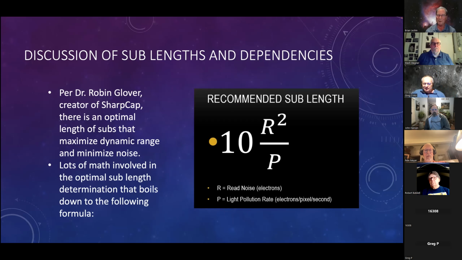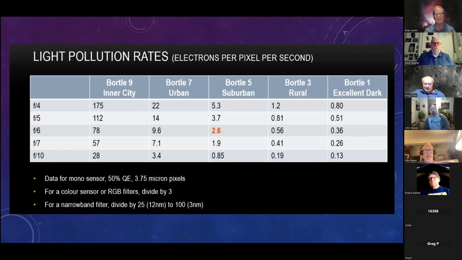And he comes up with some interesting stuff here. So first, Mark, this kind of gets to your point. What's the light pollution rate given the Bortle zone that you're in? This is based on a mono sensor, so everything's nice and pure. You don't have to do anything yet, but I'll show you how to correct it for color and for all your narrowband stuff. So, for example, let's take a scope at f6.